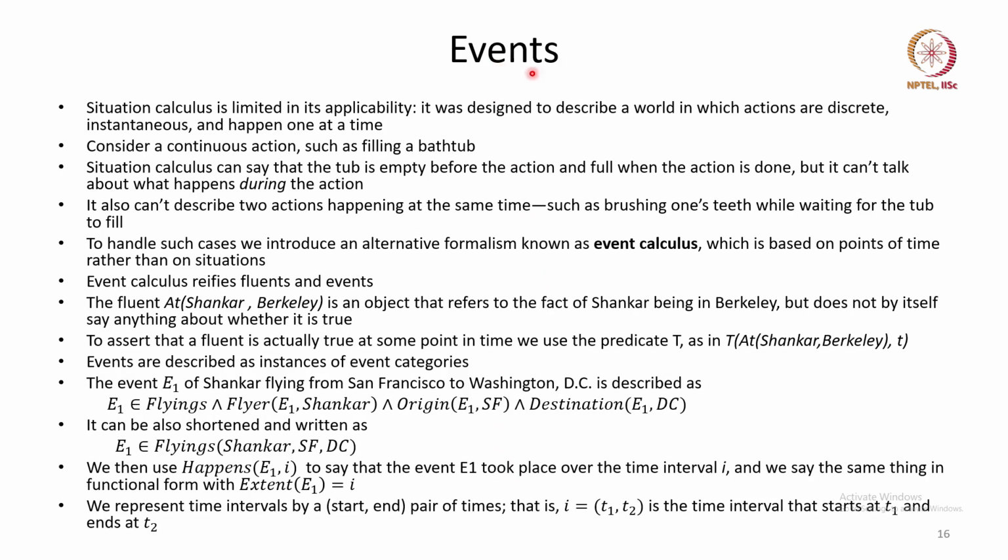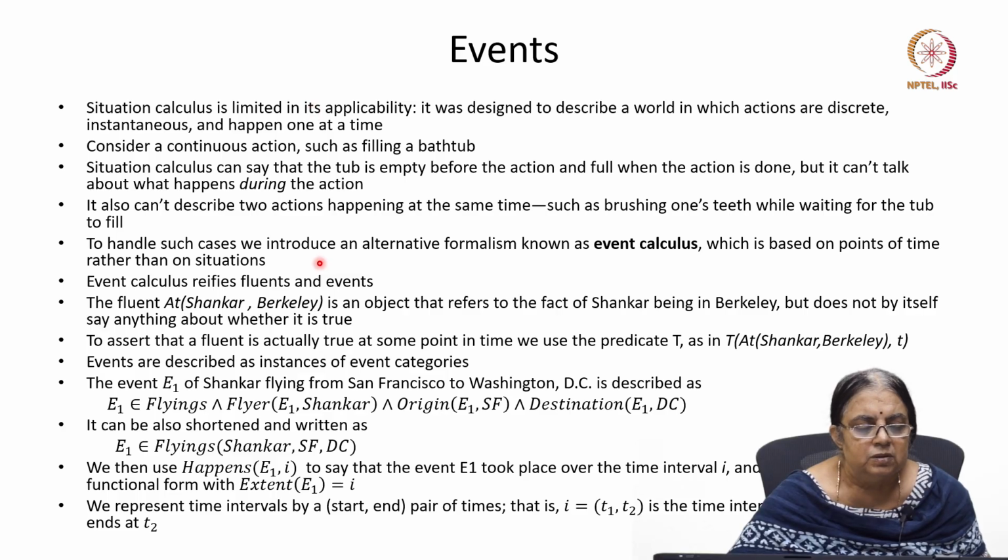Next is events. How do you represent events? For example, you're flying from one place to another, filling the bathtub, or going for a walk. Those are all events which took place. So how do we describe events? You use what is called the event calculus, and that is based on points of time.